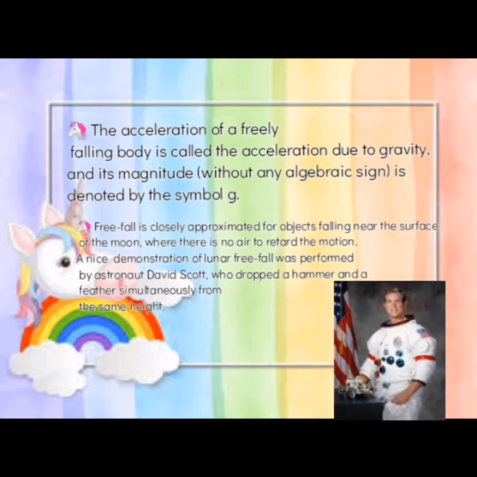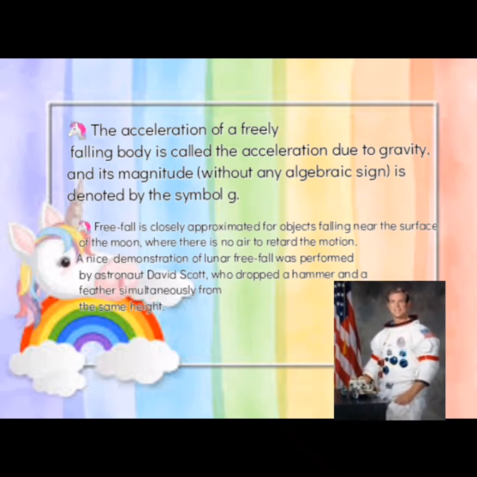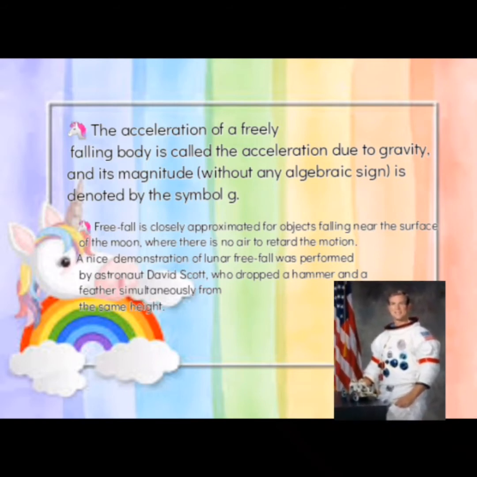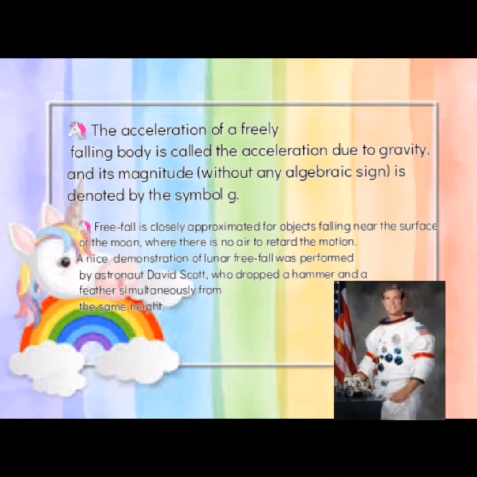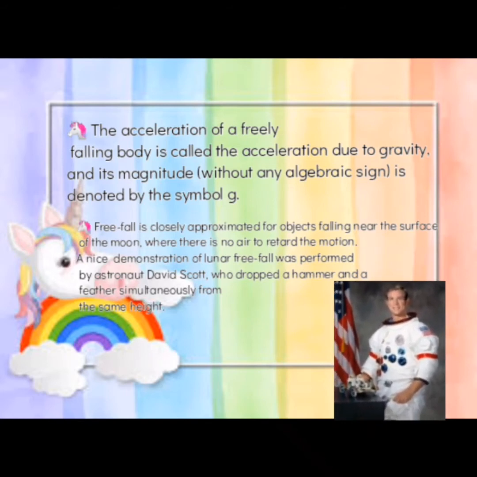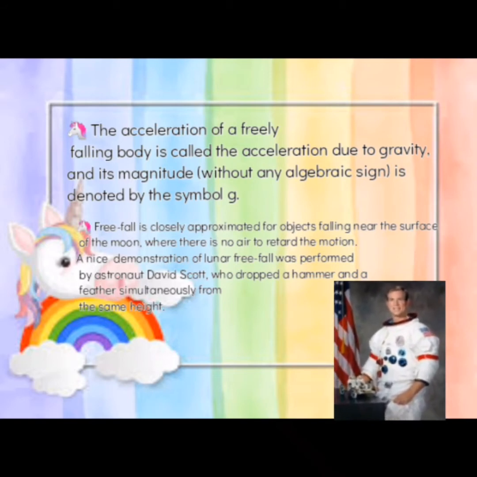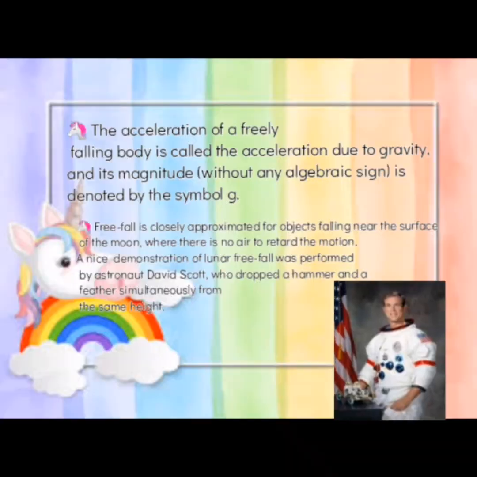Free fall is closely approximated for objects falling near the surface of the Moon, where there is no air to retard the motion. A famous demonstration of lunar free fall was performed by astronaut David Scott, who dropped a hammer and a feather simultaneously from the same height.